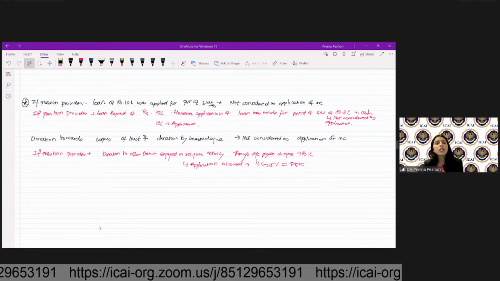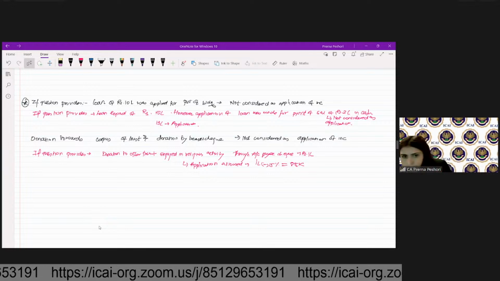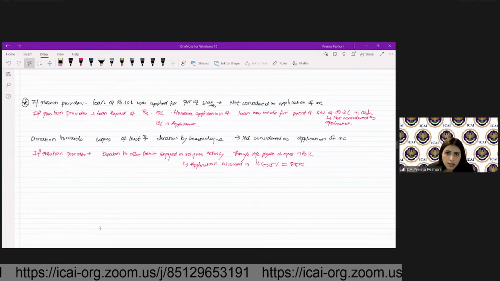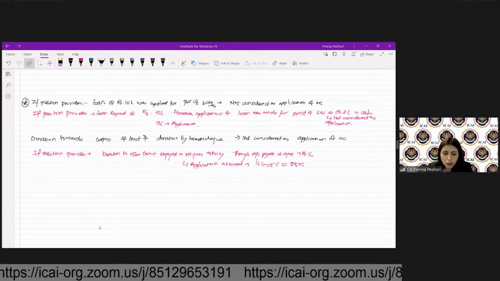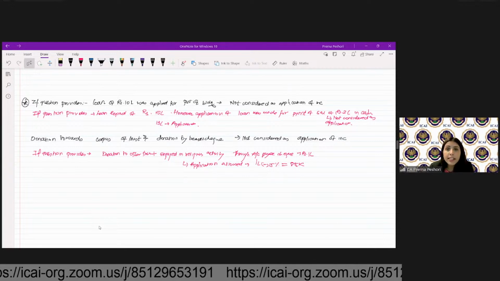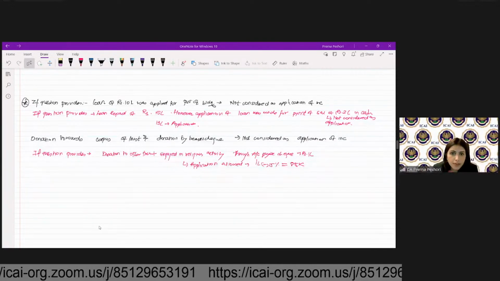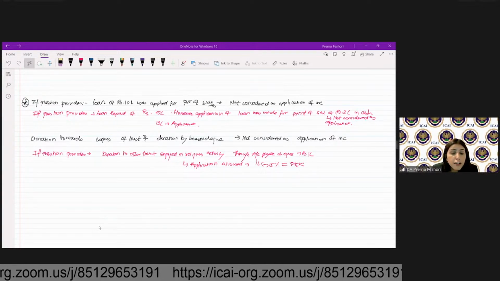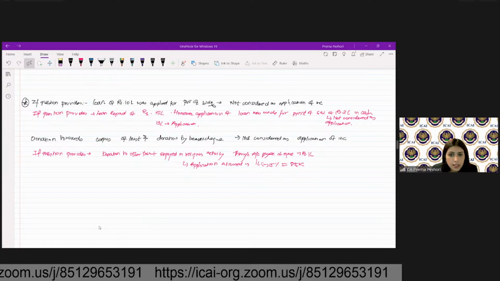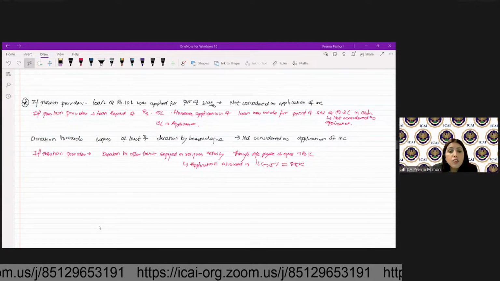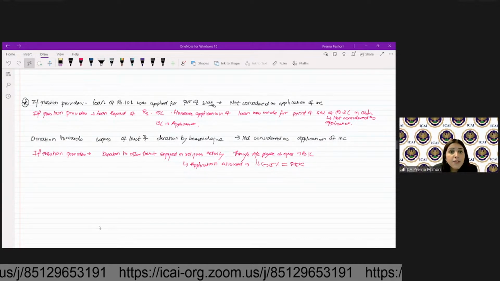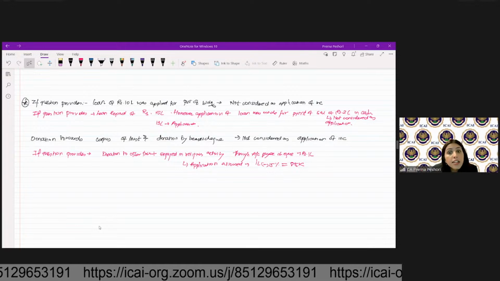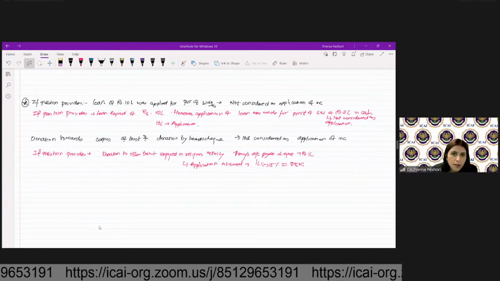Clear? What if the question says amount which is deposited in any of the modes which are specified in section 11.5? So, if you deposit the funds in the mode which is specified under 11.5, then you will have the deduction which is available.